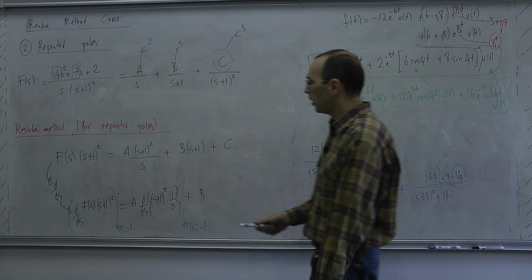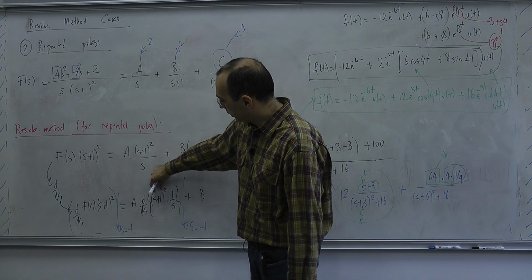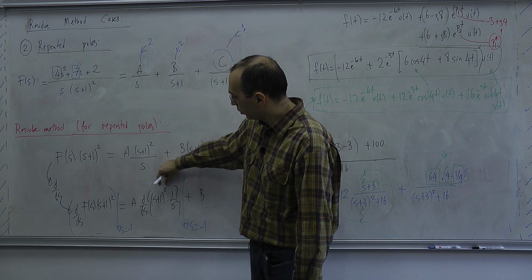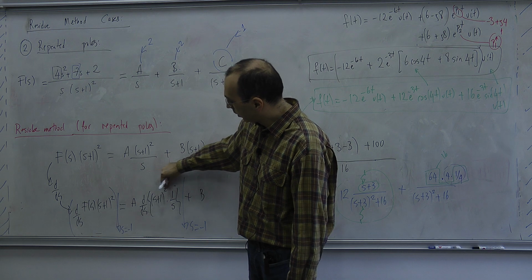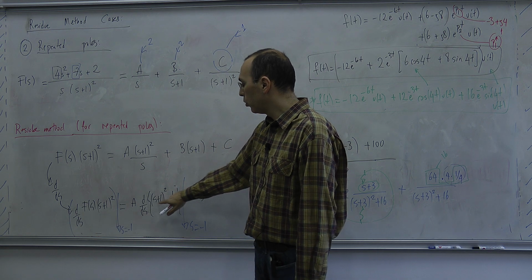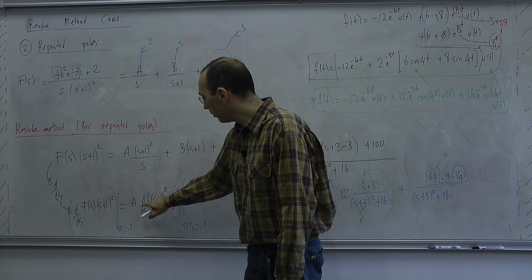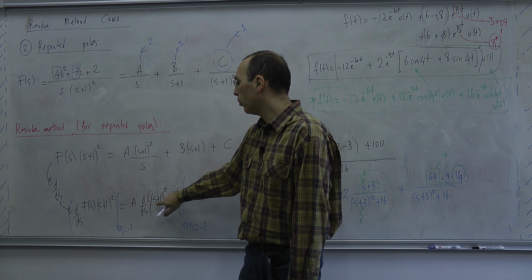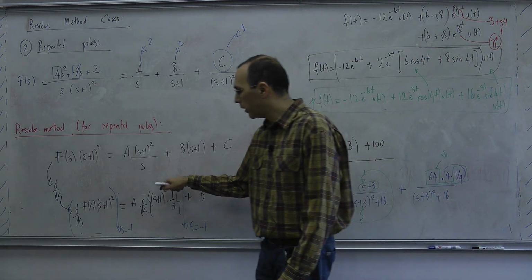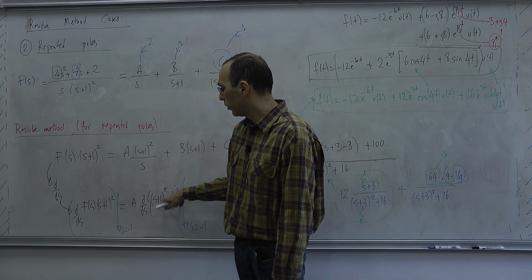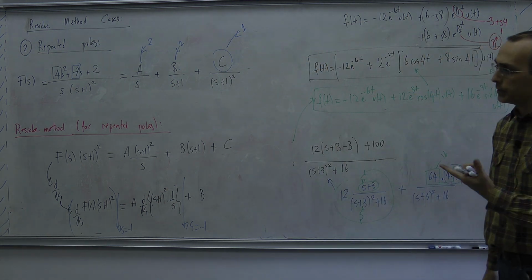So how can I see this? Well, this is the derivative of a product. So this is first term, this is second term, derivative of this thing plus this thing times the derivative of whatever it is. You can see that because there are double poles over here, even if I take the derivative, this will be again 0 when s is equal to -1. Okay? If I don't take derivative and I substitute s is equal to -1, because of this double root over here at s is equal to -1, I get zeros.